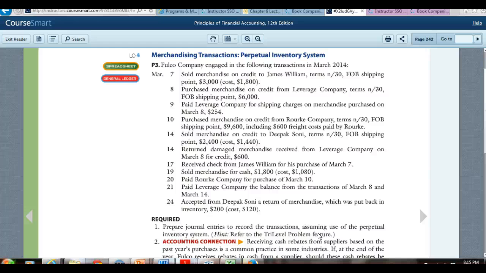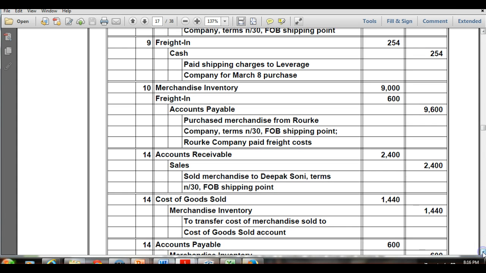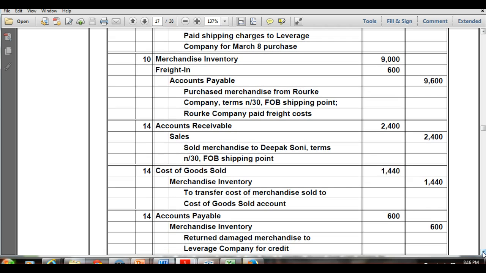It's going to be the same thing, accounts receivable, but we're going to start with the $2,400, and then $2,400 is the debit to accounts receivable, credit to sales, and then our debit is going to be cost of goods sold, credit to merchandise inventory, isn't it? Right, you've got to handle each one of the numbers.